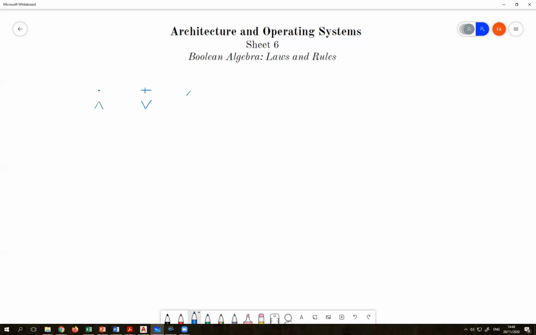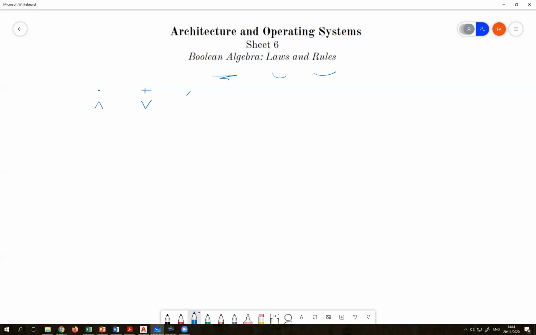All of them can be addressed by Boolean algebra. Boolean algebra is a very clever way that we can simplify the circuits. So here, I'm going to introduce Boolean algebra, the laws and the rules, and show you how we can simplify the circuits.